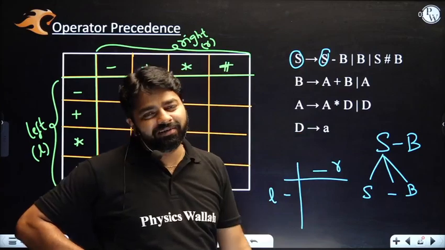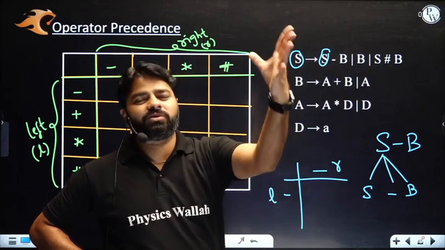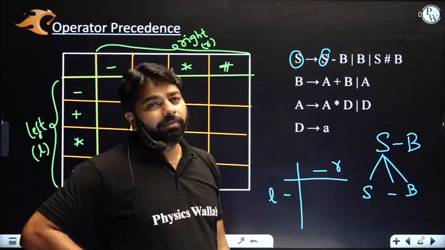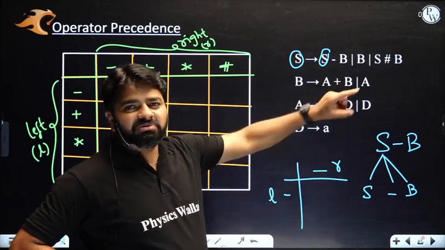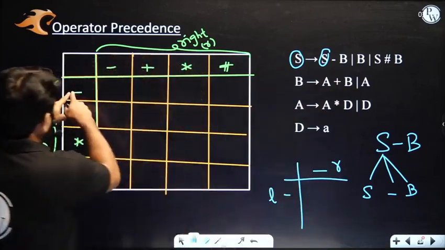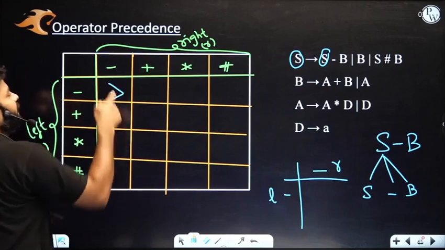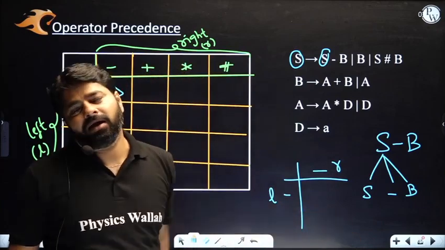When it is following left recursion, the operator whoever is here follows left associativity. But having right recursion also will create ambiguity. Remember that too. So left recursion means left associativity, which means the left minus will have more precedence. Clear this point? Left minus has more precedence than right minus.